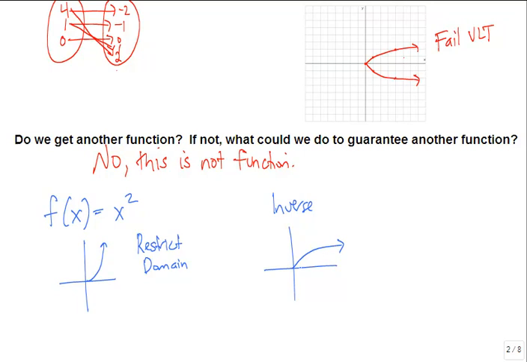That gives us a piece of a graph that will pass the vertical line test and will be a function. So by restricting the domain, we are able to end up with an inverse function, which passes the vertical line test. We're going to see how to do this a little bit later on, but if you start off with a function that normally does not give you a function when you reverse it, there are ways to restrict the domain so that you do end up with an inverse function.